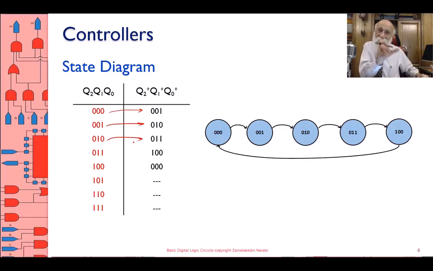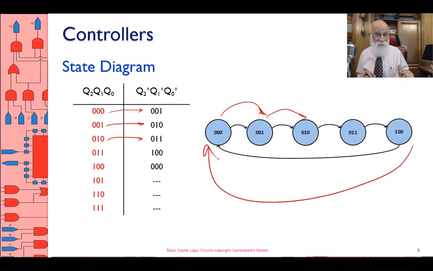Instead of showing this in a tabular form, I'd like to show it to you in this graphical form on the right-hand side, which is basically the same thing. You are saying I'm going from the 000 state to the 001 state, 001 to 010. When you go to 100, you go back to the 000 state.